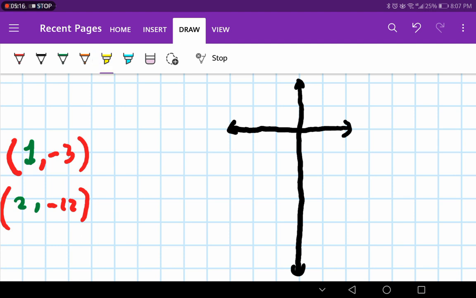Now I will start with this one. How can I read it? 1 to the right and -3 down, so it will be here. Okay, again, 1 to the right and -3 down, so it will be here.